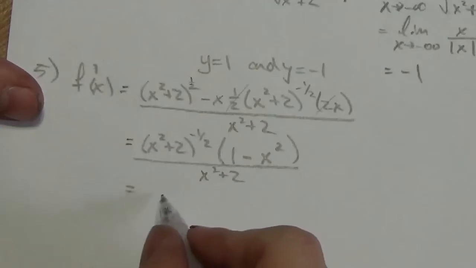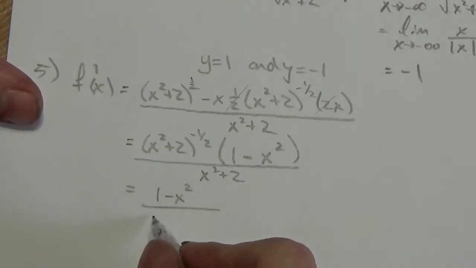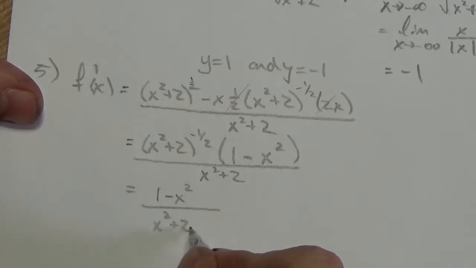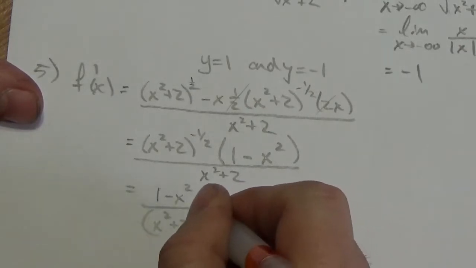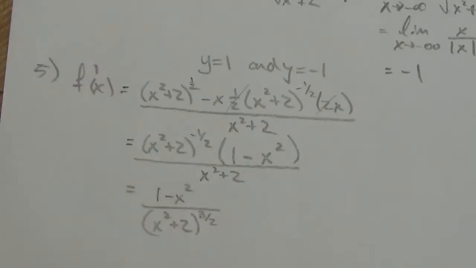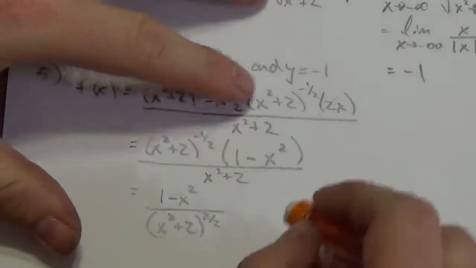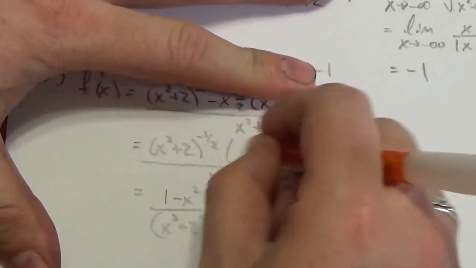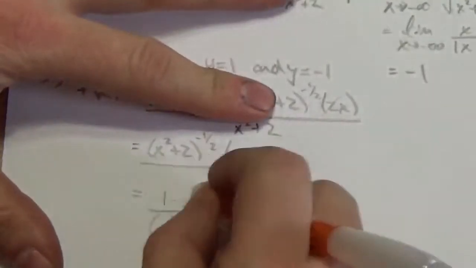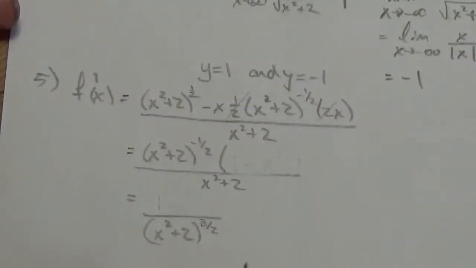That's going to drop down to the denominator, so I'm going to get 1 minus x squared all over x squared plus 2 to the 3/2 when I bring that down, because this is all to the 1, and I'm just going to add that 1/2 down there. So I want to double check that I did that right. Oh, shoot. No, I didn't. I'm sorry.